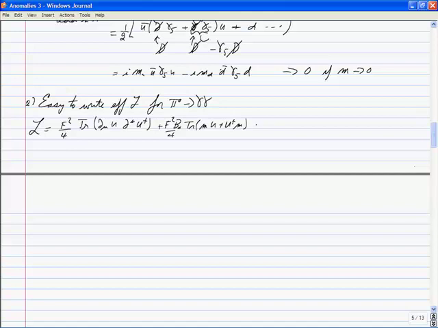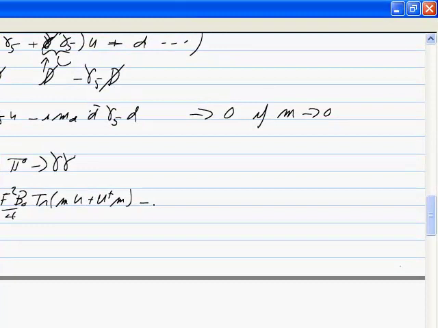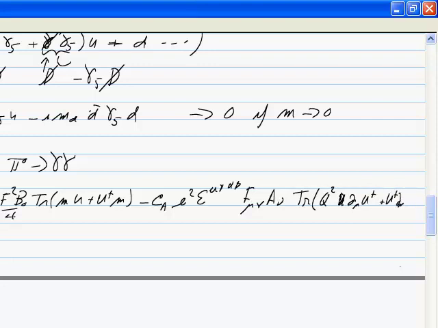And then you want a piece that connects π⁰ to 2 gammas. So one that's chirally invariant, that looks like it has the right properties, is, well, let's put some coefficient here, C_A e squared, because it's electromagnetic, epsilon^{μναβ} F_{μν} A_ν, trace of Q squared, U ∂_μ U dagger plus U dagger ∂_μ U. The Q squared is put in there because in the π⁰ to 2 gamma decay, you've got U's hooking up to gammas or D's.